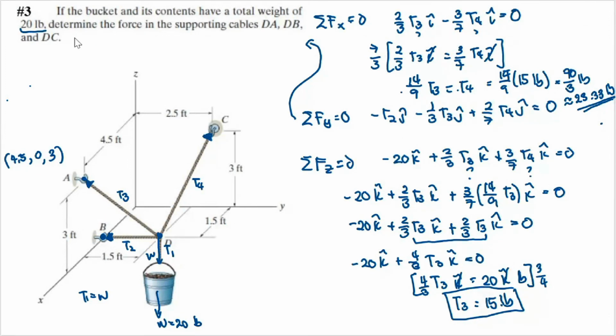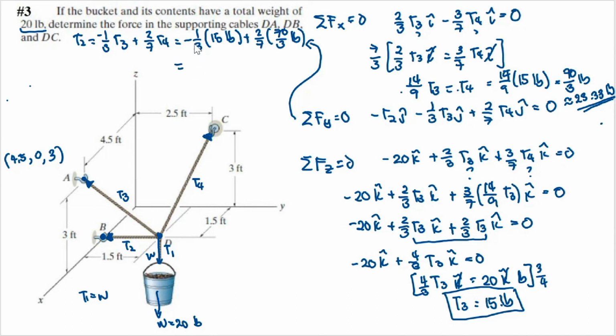So, T2 is just equal to, makakancel yung j hat nila, negative 1/3 T3 plus 2 over 7 T4. So, that is negative 1/3, then si T3 ay 15 pound, plus 2 over 7, then si T4 ay 70 over 3 pound.